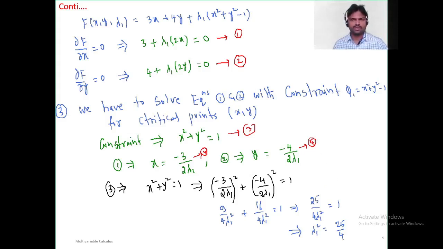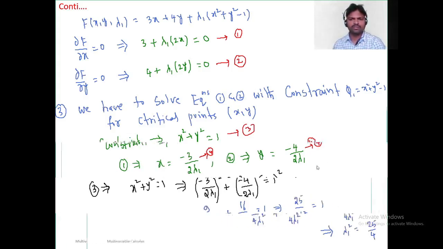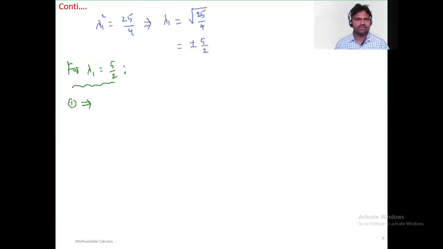From equation number 4, what does it say? The x value, so x is equal to minus 3 by 2 lambda 1. Now minus 3 by 2 into lambda 1. Lambda 1 is 5 by 2, I am taking plus 5 by 2 first. So 2 is out, you will get minus 3 by 5. So x value is minus 3 by 5.